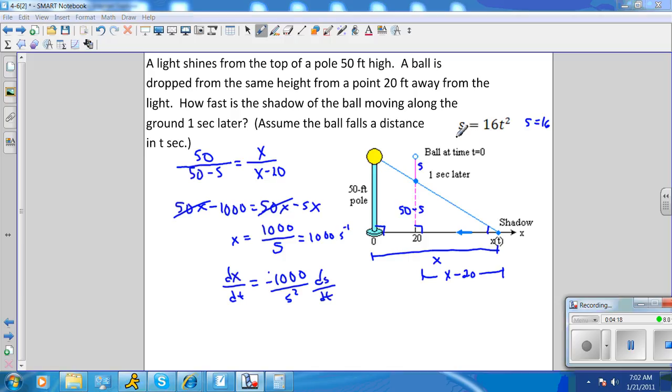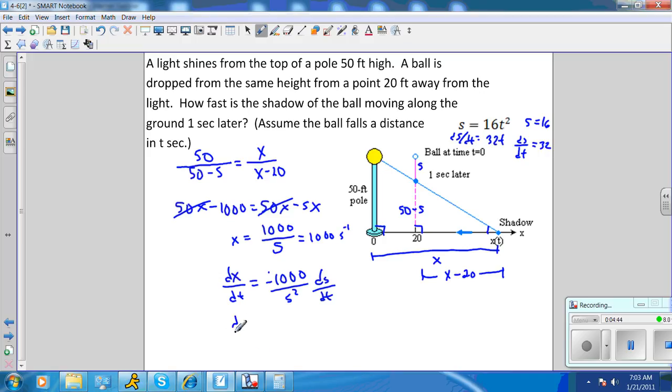And also, if we took the derivative with respect to time of this function, ds/dt would be 32t dt/dt, but dt/dt is 1, so if we know t is 1, we get that the ds/dt value is 32, and we can plug that in.